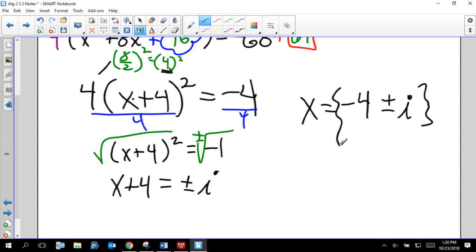So you figured out you factored it wrong here. And then that looks good, except for you probably forgot about the 4 that we took out.